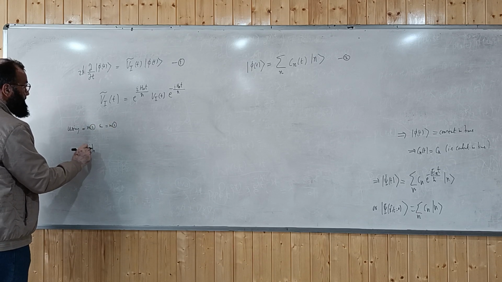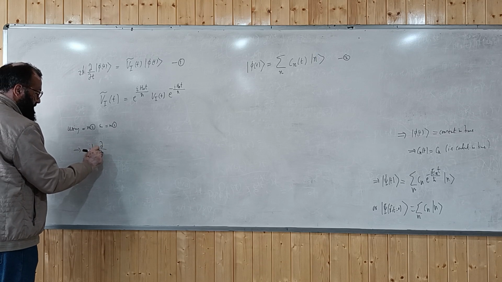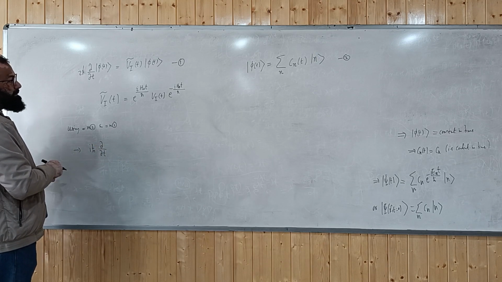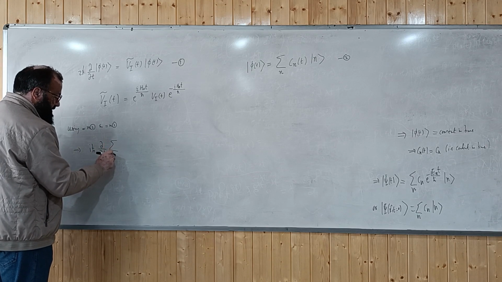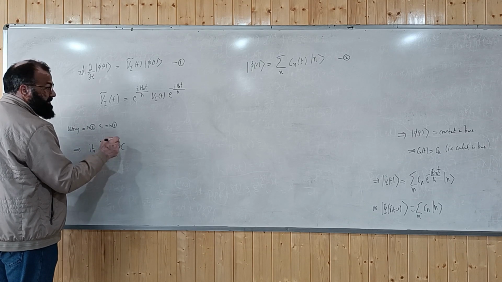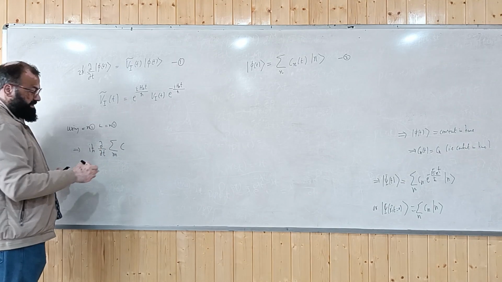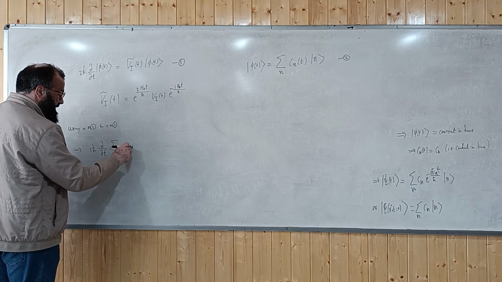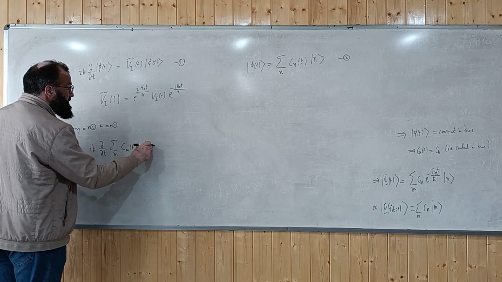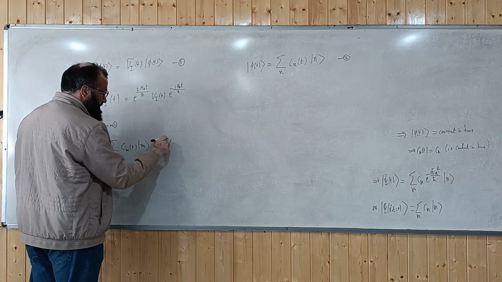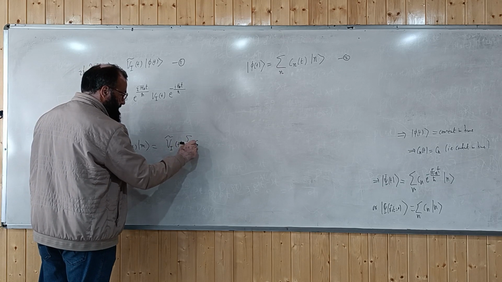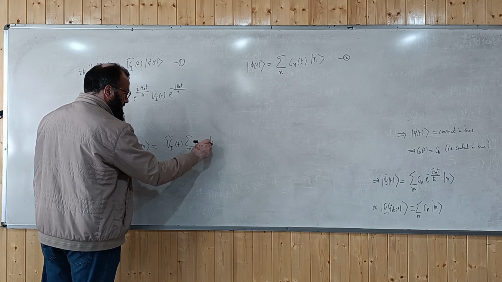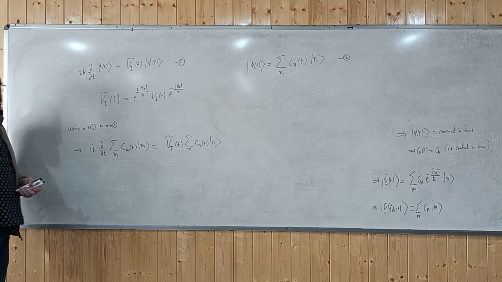So it is i h cross partial by partial t, summation of m, because n is a dummy variable, Cm of t, and on the other side I will write V tilde i of t, summation of n Cn of t. Got it? Like this.